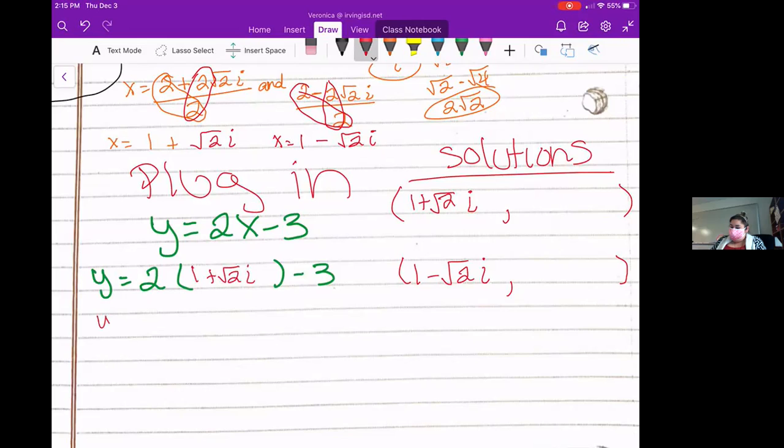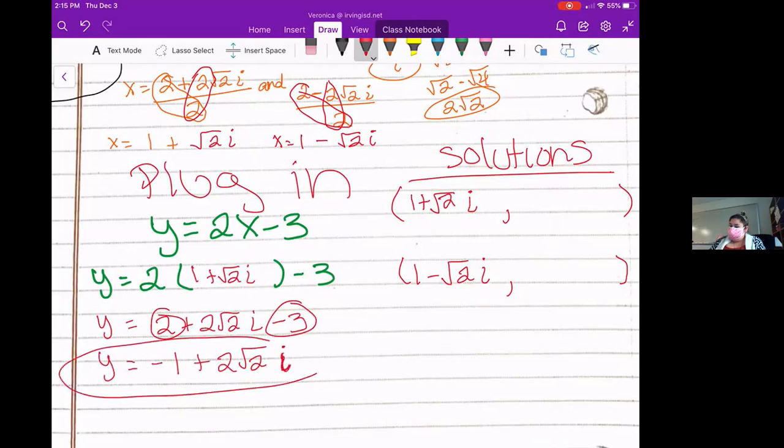So y equals 2 plus 2 square root of 2i minus 3. Combine like terms. So y equals negative 1 plus 2 square root of 2i. So negative 1 plus 2 square root of 2i.